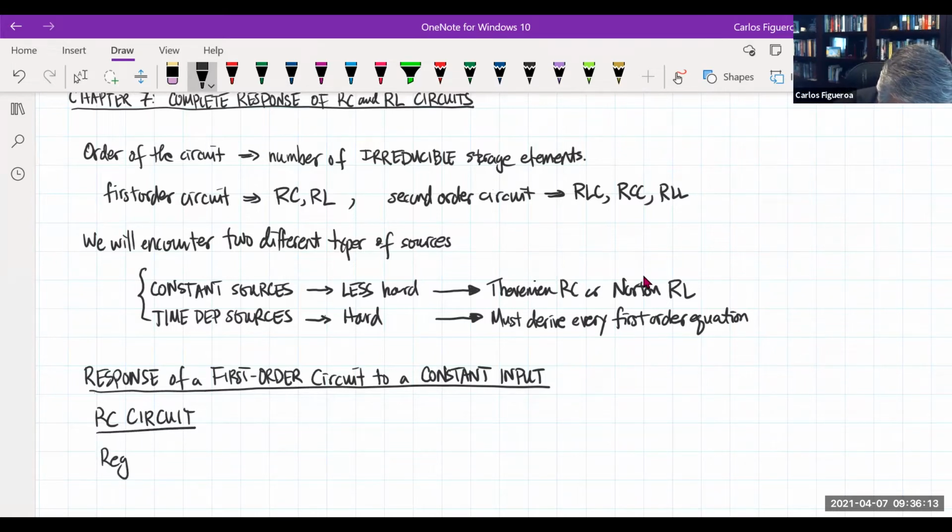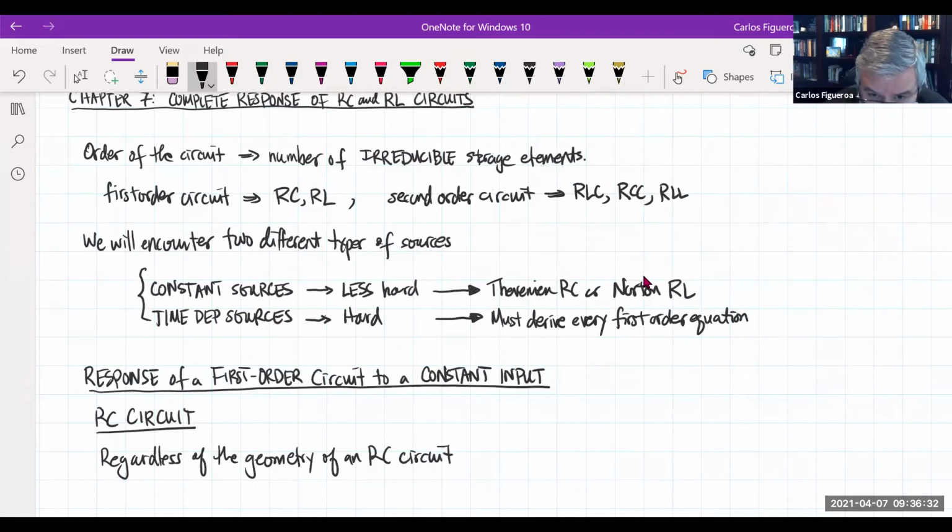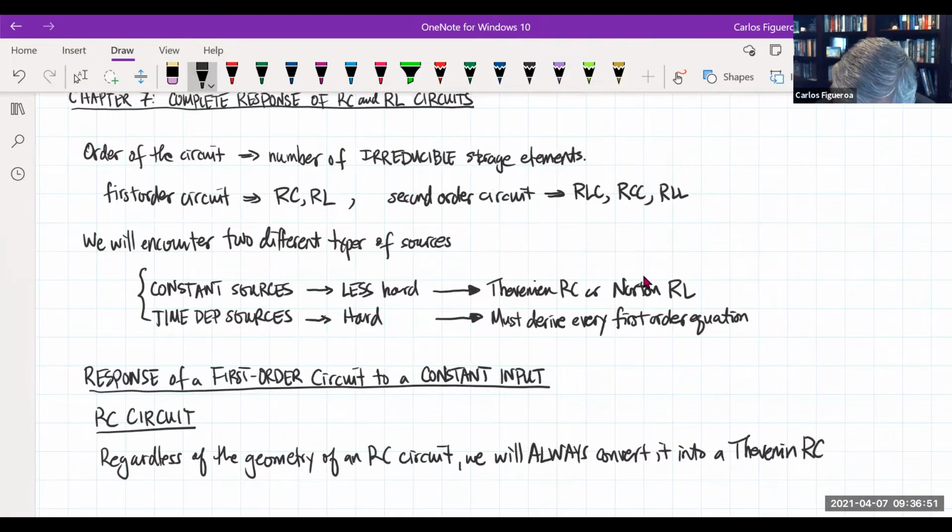Regardless of the geometry of an RC circuit, we will always convert it into a Thevenin RC circuit.